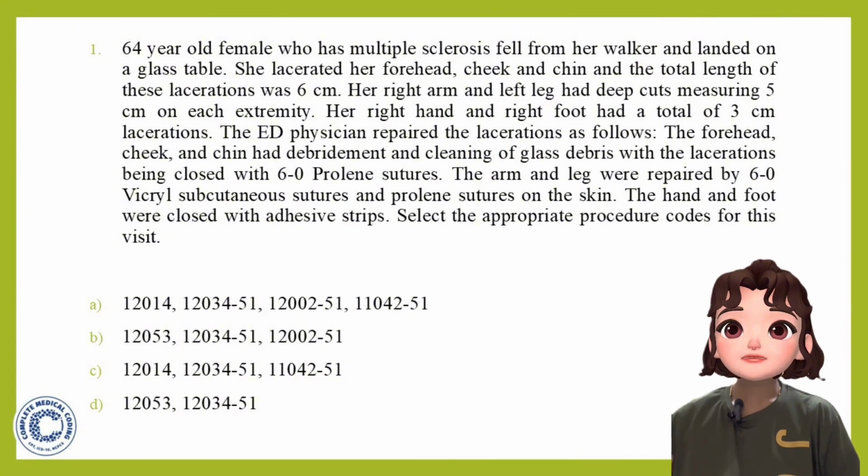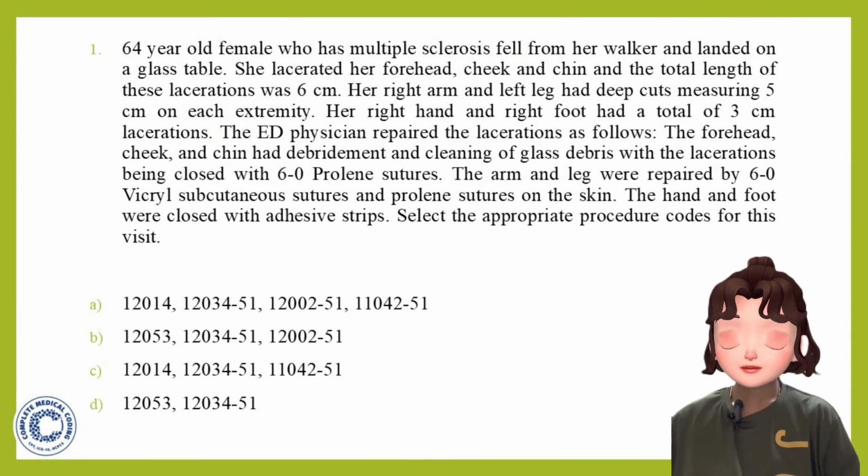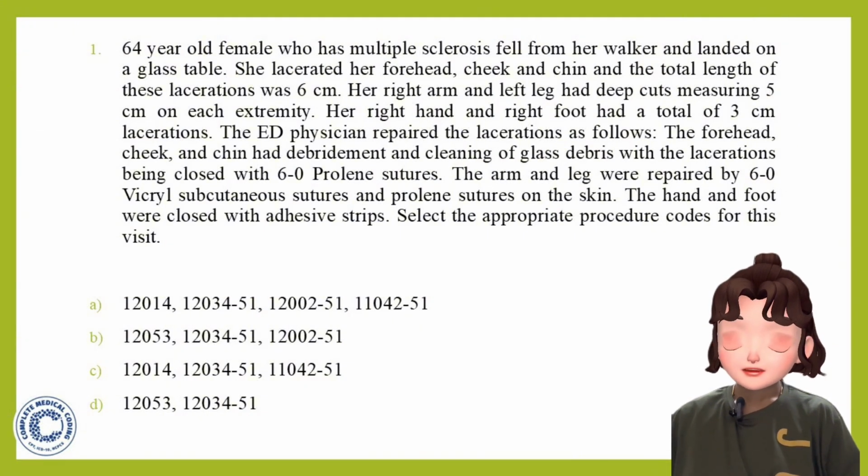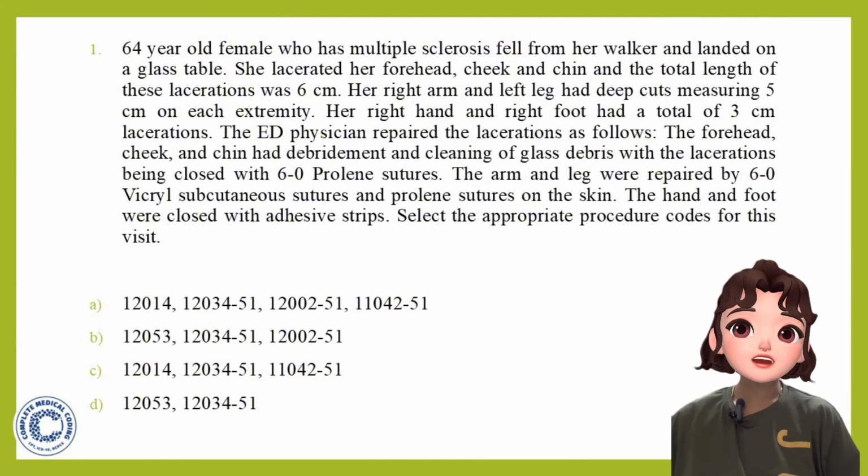The right hand and right foot had a total of 3 cm. So what will be the total? How you will code the laceration is what the question asks. The first code, 12014, is simple repair of superficial wounds.